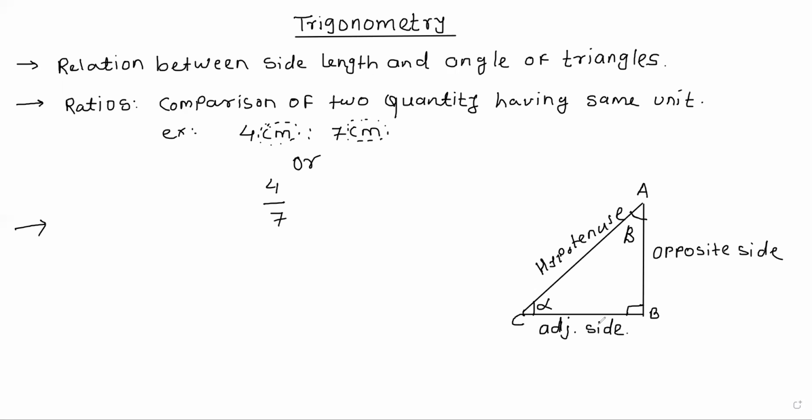Now we are going to write the ratios of these sides with respect to this angle alpha. First consider the opposite side and hypotenuse. Let me clear some part.